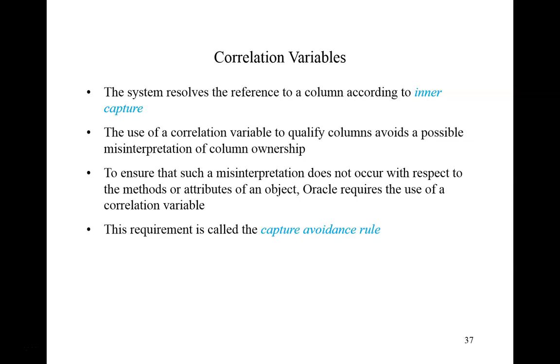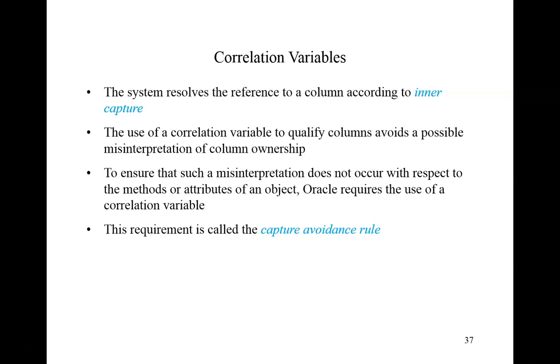To ensure that such a misinterpretation does not occur with respect to the methods or attributes of an object, Oracle requires the use of a correlation variable. So in our query against course and staff, the correlation variable was optional. We didn't have to have one there.